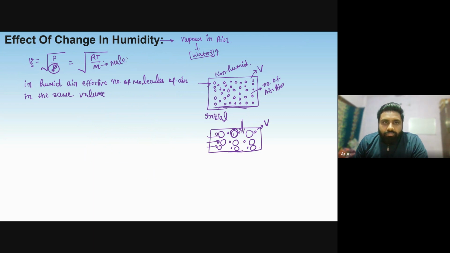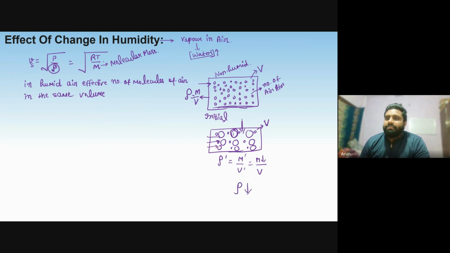So the effective molecular mass of the gas will decrease, because density is nothing but mass upon volume. Here also rho dash is mass upon volume, m dash upon volume. Now m dash is somehow less than the previous one and v dash is same. So what will happen? Density will decrease.